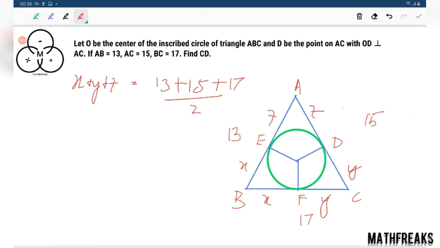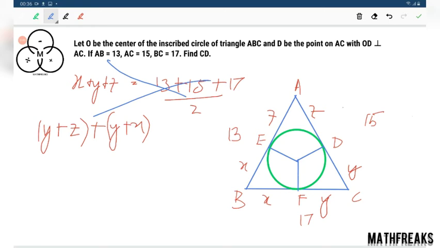So we can simply do y plus z, that is AC, plus y plus x. The rest is not required for our calculation.